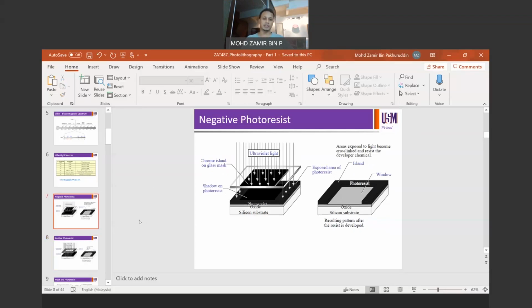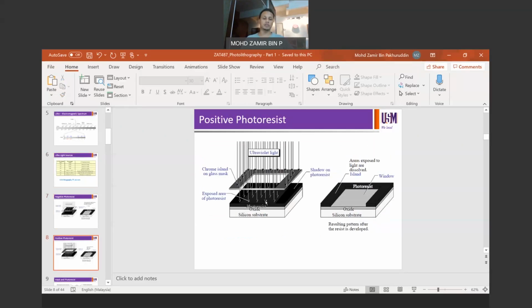If you look at the previous slide, the central region blocks the light, and the outer region allows the light to pass through. On the other hand, if you use positive photoresist, if you use this sort of reticle, well, you can also use the previous reticle as on the previous page, but you're going to end up with the opposite structure. Okay, so let me explain in a few seconds.